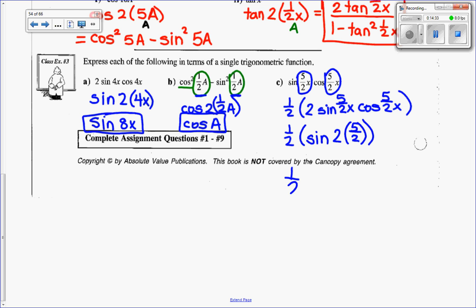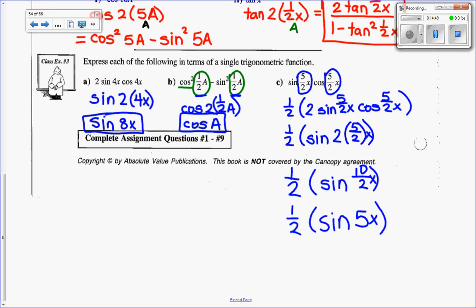So that's half of sine of 10 over 2. So that's half of sine 5. Oh, and that should be an x in there, shouldn't it? I missed my x. So half of sine 5x.